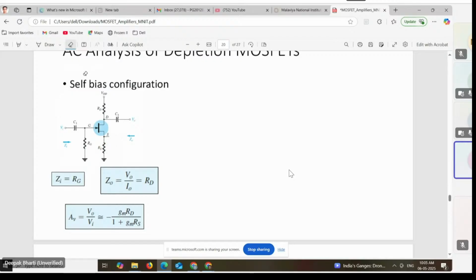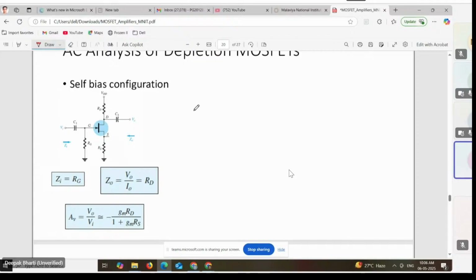In this case, the analysis will be slightly more lengthy and complicated. And for the time being, to make it somewhat easier, we will neglect the effect of RD, the output resistance of the MOSFET amplifier. We will not consider it for the moment.